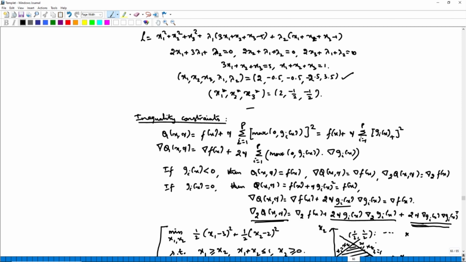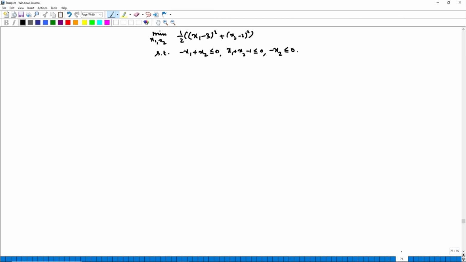So x1 greater than or equal to x2 becomes minus x1 plus x2 less than or equal to 0, and x1 plus x2 minus 1 less than or equal to 0, and minus x2 less than or equal to 0. So that is what I have written down here. Okay. So fine, and recall that the answer was 1 comma 0, right.